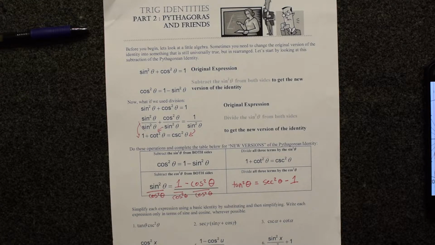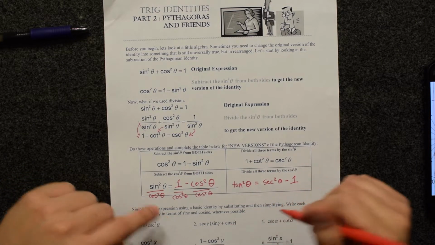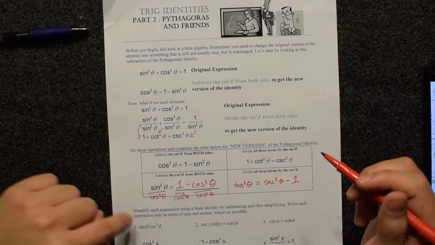So if we were to simplify each expression using basic identities by substituting and then simplifying, and we want to write in terms of sine and cosine only whenever possible, let's go ahead and see what we can figure out.